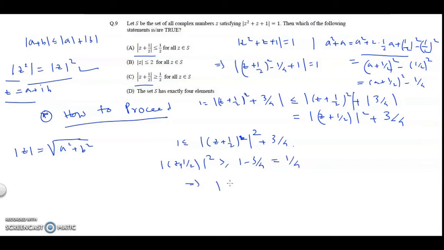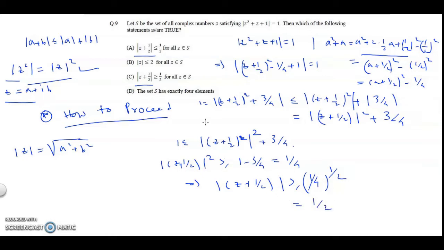This implies modulus of z plus half is greater than or equal to, taking root on both sides, root of 1 by 4, which is 1 by 2.